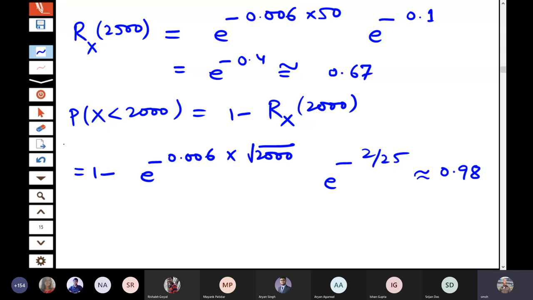I will not write the final value here; there is some small error in calculation, so you can check this value.